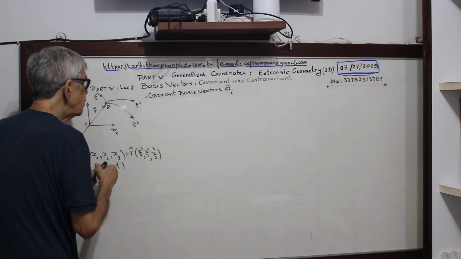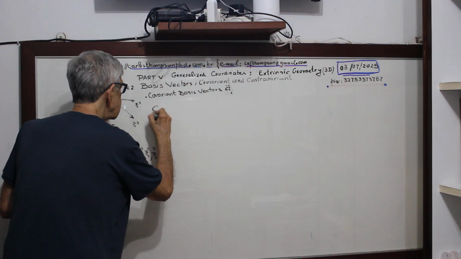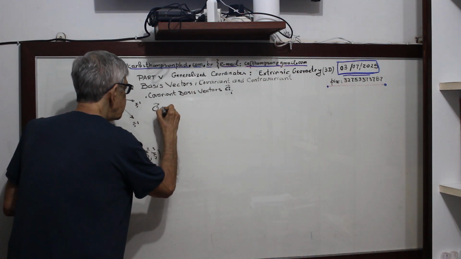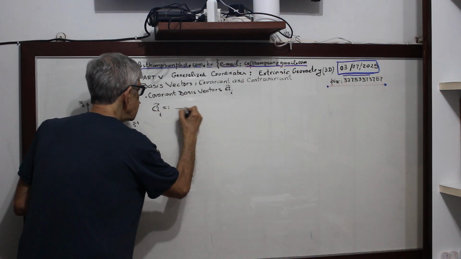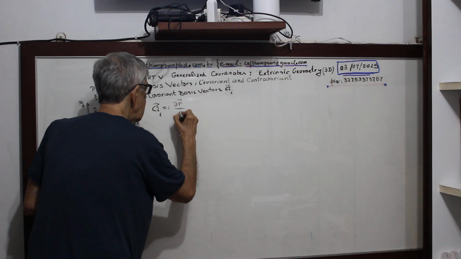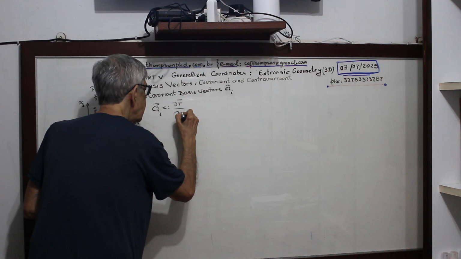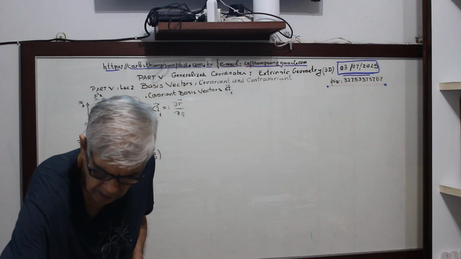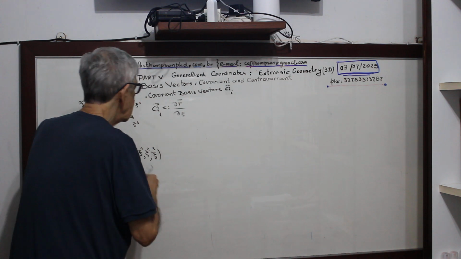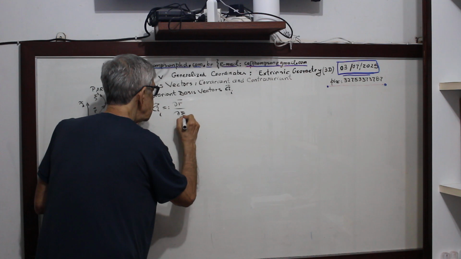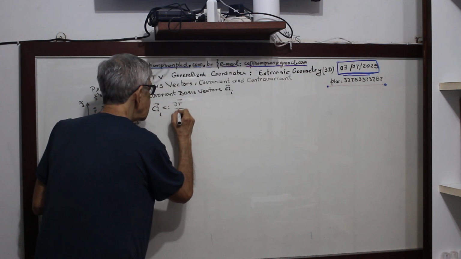Now, I'll define the covariant basis vector as the partial derivative of R with respect to the curvilinear coordinate C^i.